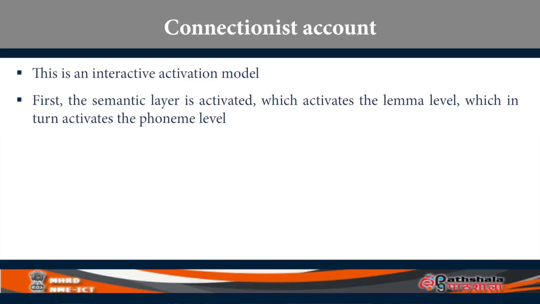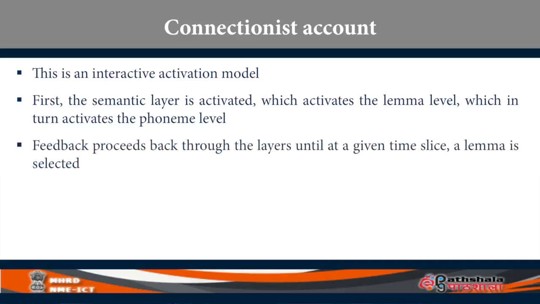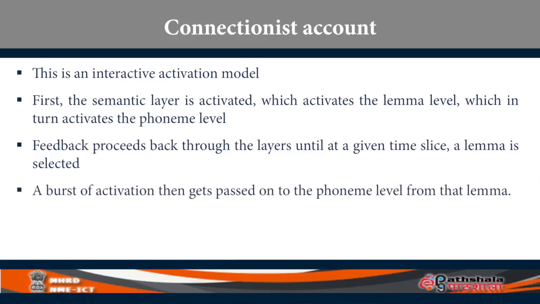But in the connectionist framework, you have a lot of feedback going back and forth. You get benefit from top down information as well as bottom up information. So, feedback proceeds through different layers of these connections. A burst of activation gets passed on from the phoneme level to the lemma level, or the other way around also. So, what is the advantage?